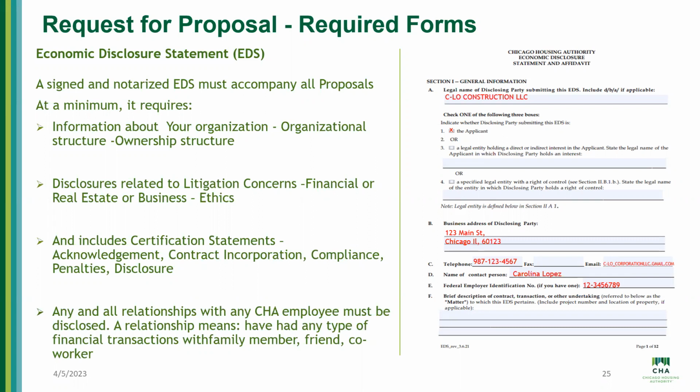Also, you have to let CHA know if you have any CHA employee relationship, or any relationship with a CHA employee. A relationship means any type of financial transaction with family members, friends, or co-workers.